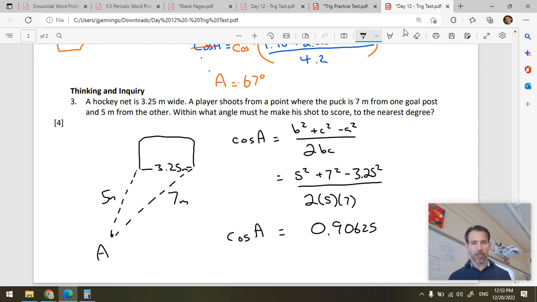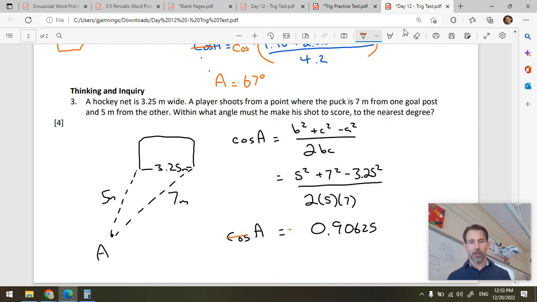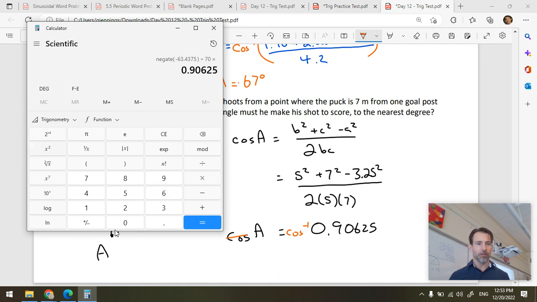That is cosine of A. Now we take the inverse cosine of both sides. So that goes away. We have cos inverse of that, which will give us the angle. It's not a very big angle. 25 degrees.